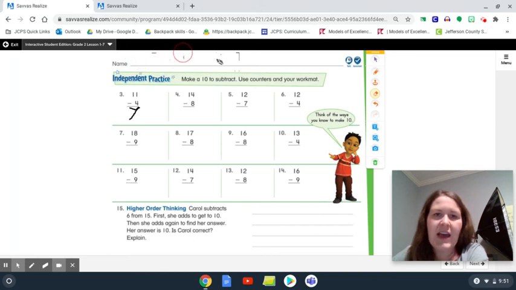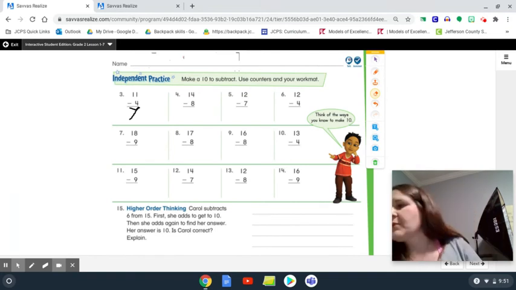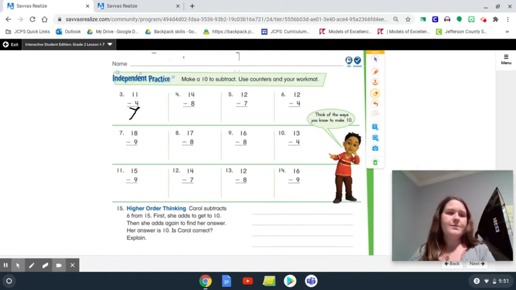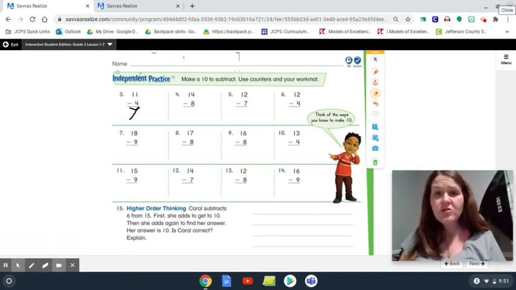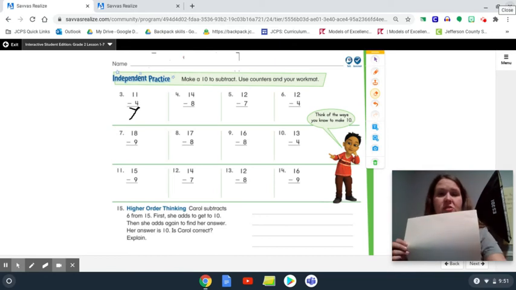Now, boys and girls, I know this can take a long time to keep having to do the 10 frames. So if you wanted, let me use this piece of paper. If you wanted to just draw yourself a picture on a piece of paper as you're doing this work, go right ahead. So here's my paper. And I'm going to do this next problem right here, 14 minus 8.